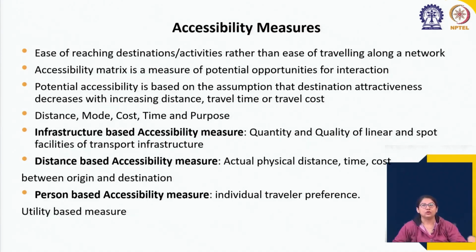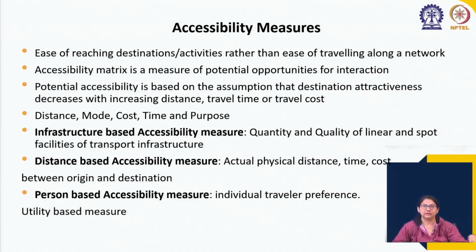Along with that, the cost of travel between origin and destination is also considered. So, the distance based accessibility measure is a very commonly used measure. The third one is the person based accessibility measure, an individual based measure.